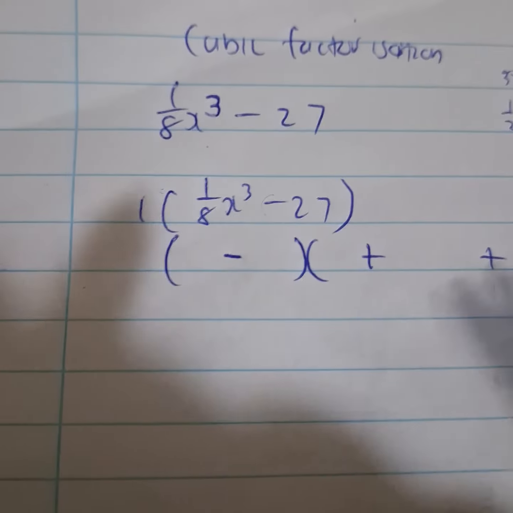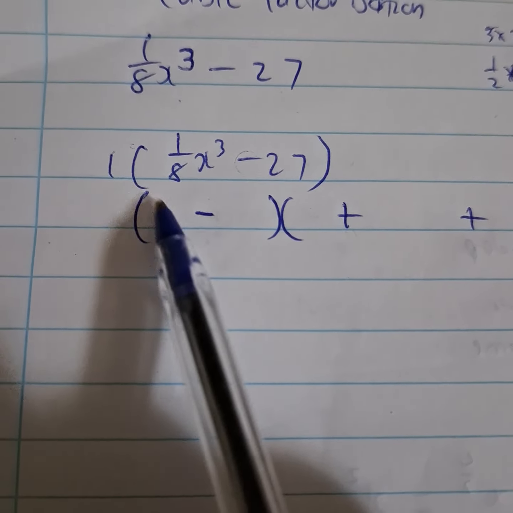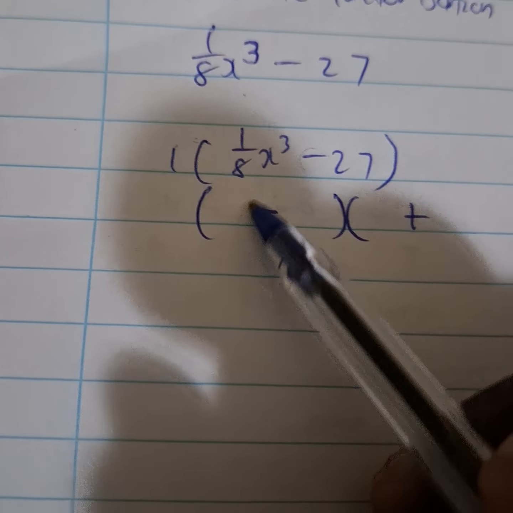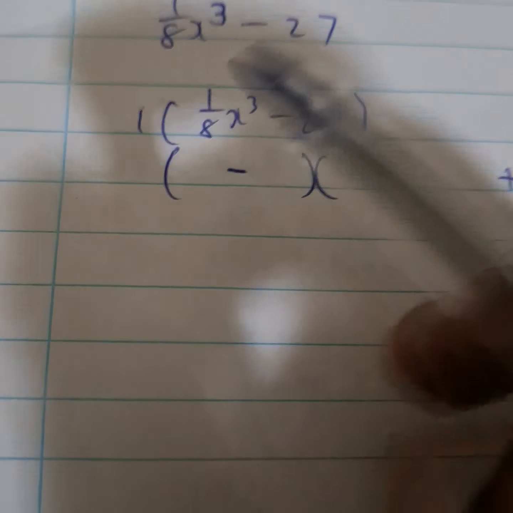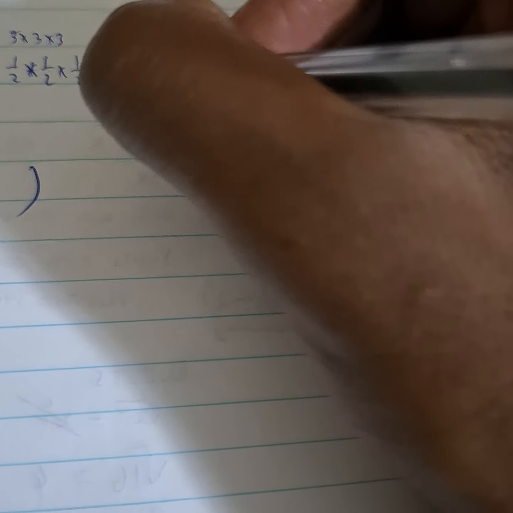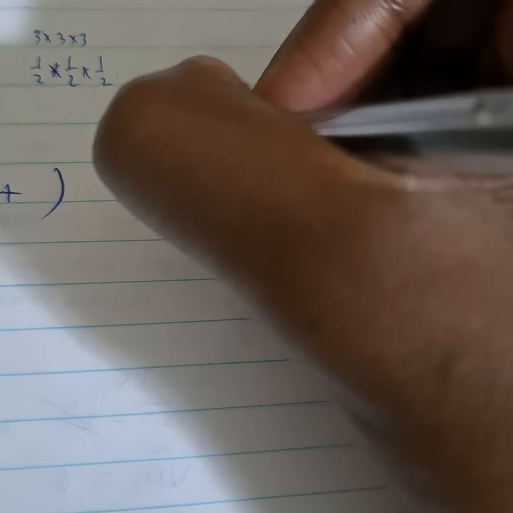Now, what then are the numerical values that occupy these positions? First and foremost, to look at the binomial bracket, we first ask ourselves, what is the cube root of 1/8? That gives us 1/2. What is the cube root of x cubed?